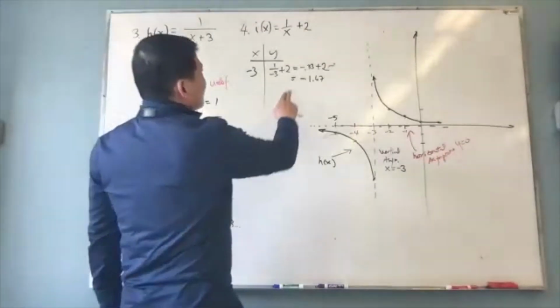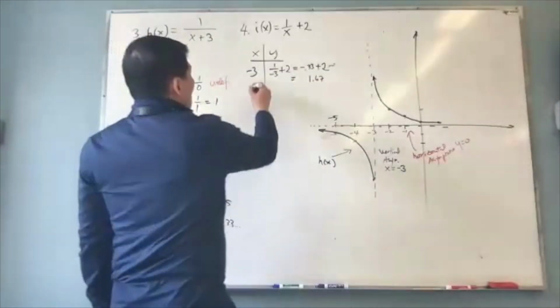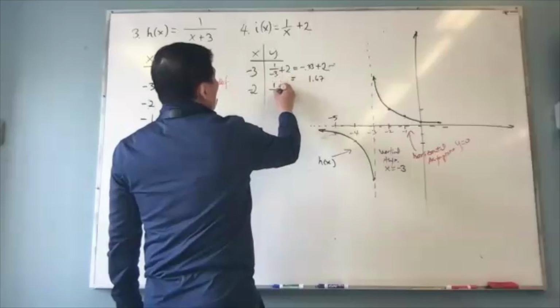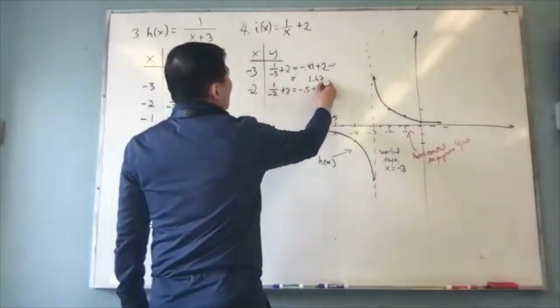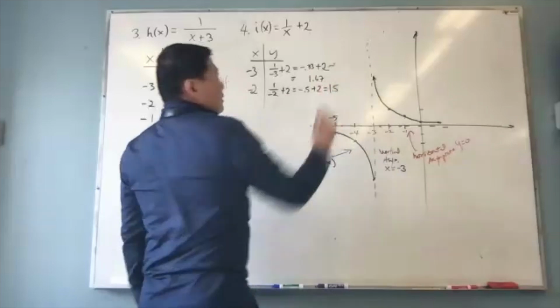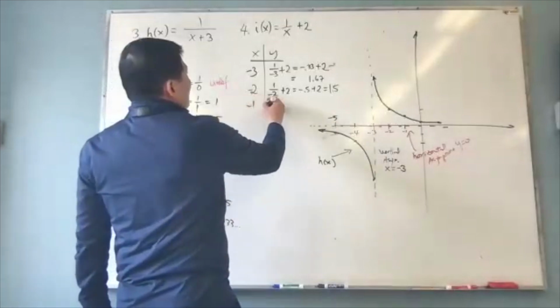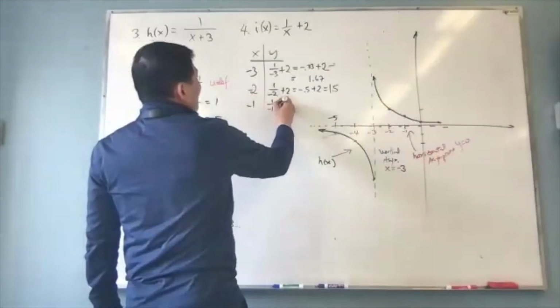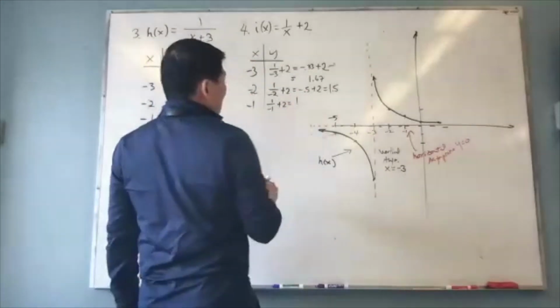Oh, no, I'm sorry, it's positive. All right, -2. 1 over -2 plus 2 will be -0.5 plus 2 will be 1.5. Yep. -1 will give you 1 over -1 plus 2, which is -1 plus 2, which is 1.